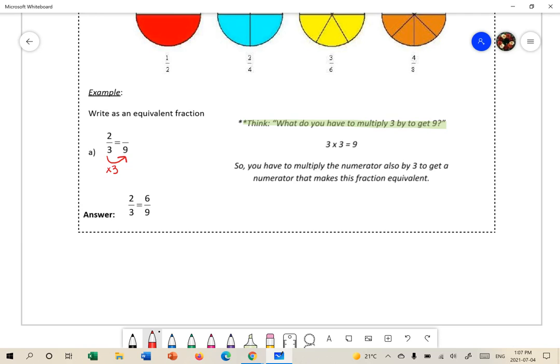Whatever you do to the denominator, you're also going to do to the numerator. So if you multiply the denominator by 3, you also multiply the numerator by 3, and that'll give you 6. So 2/3 is equivalent to 6/9.